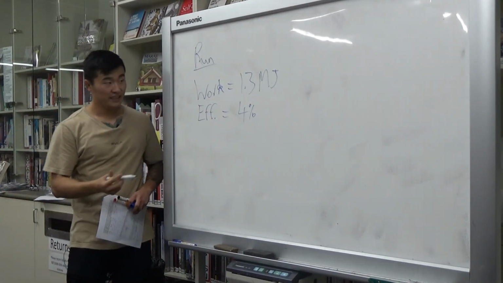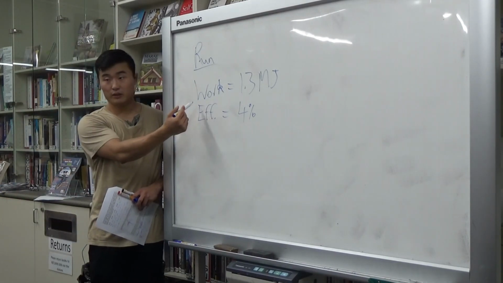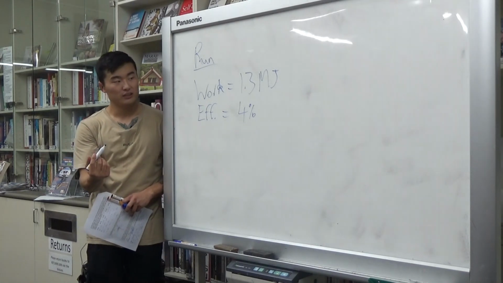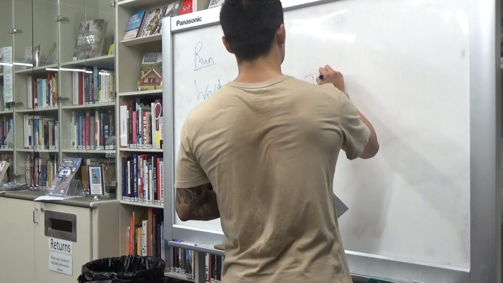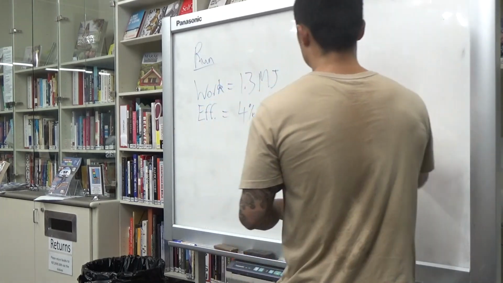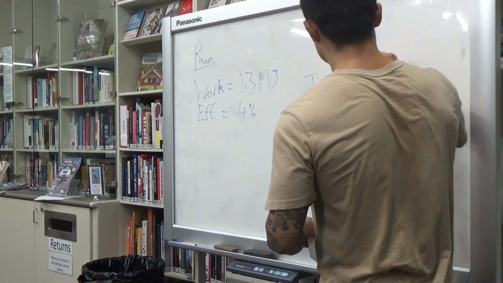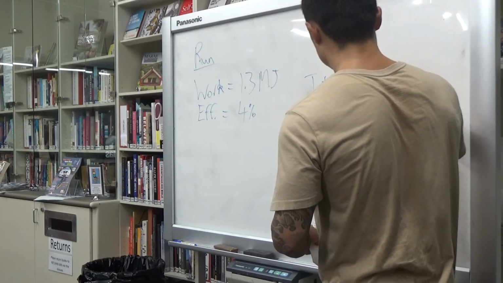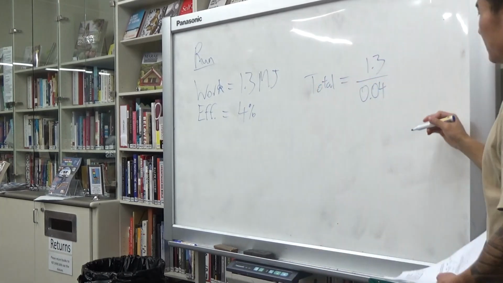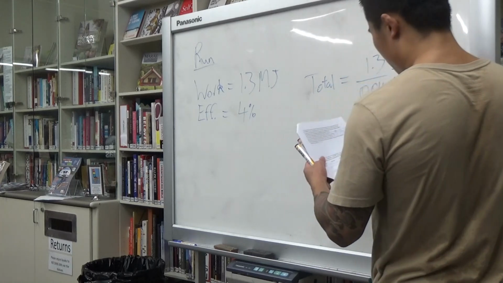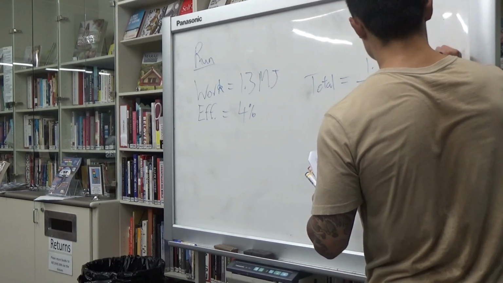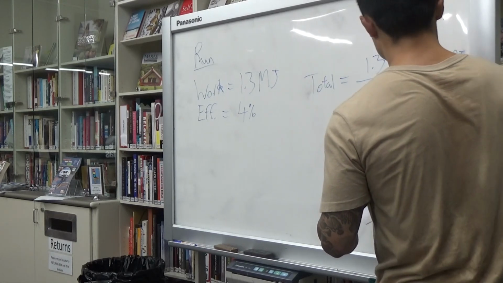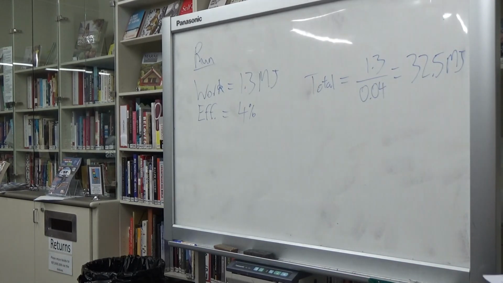Okay, so that means that work was 4% of the total. So in order to find the total, it's going to be 1.3 divided by 0.04, or 4%. So then the total is going to be 32.5 megajoules. Okay, so we can see that option A is true.